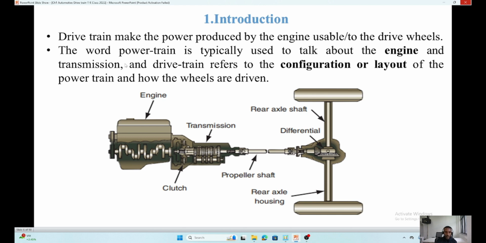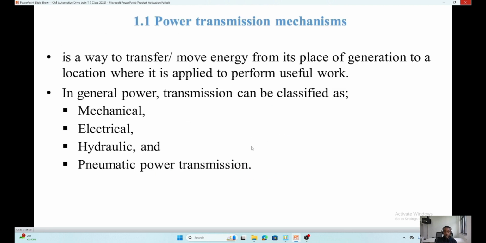As you observe, the word powertrain typically includes the engine, but when you say drivetrain, it refers to the arrangement of the components. When we come to the first portion, power transmission mechanism, it's really a general term.